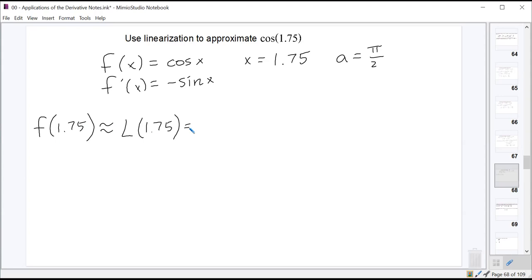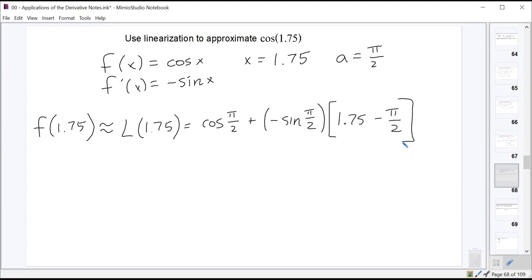which is just our function evaluated at a, so cosine of pi over 2, plus our derivative evaluated at pi over 2, so negative sine of pi over 2, times x minus a.